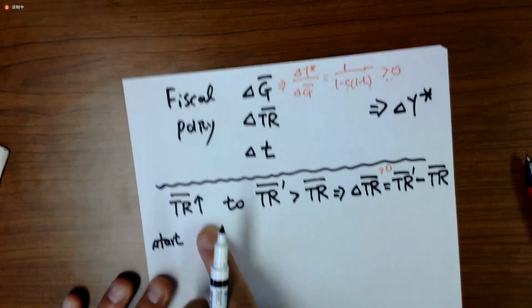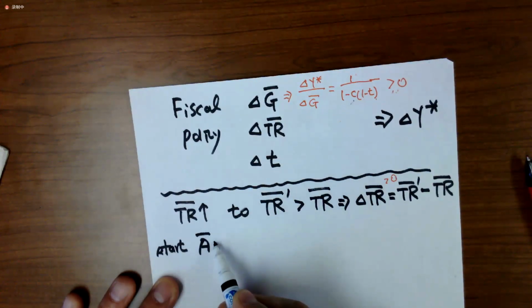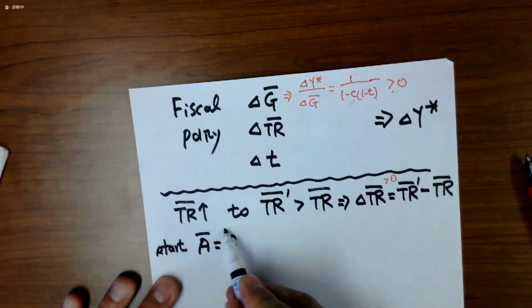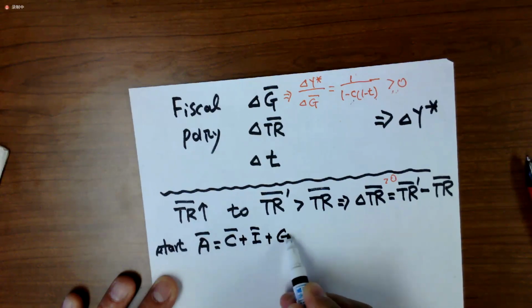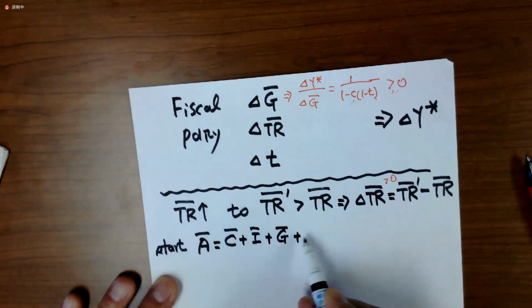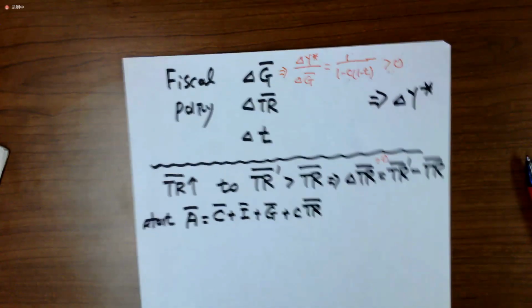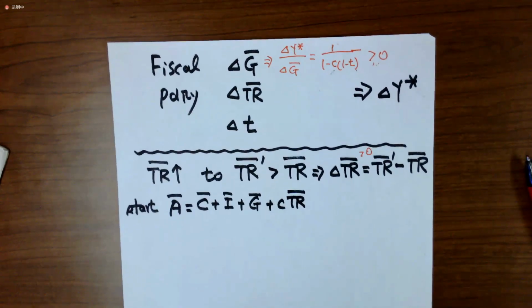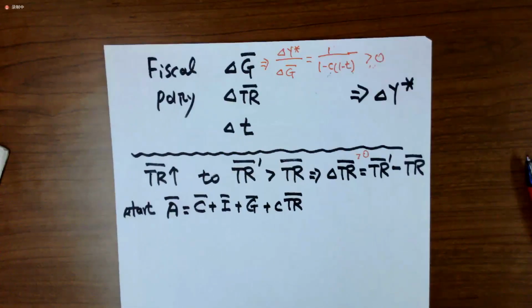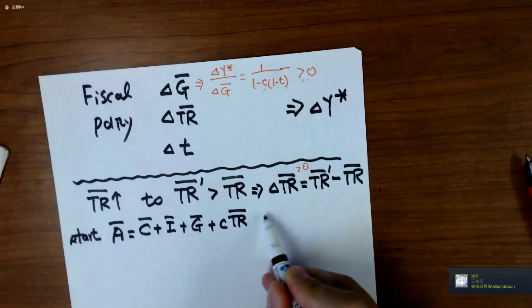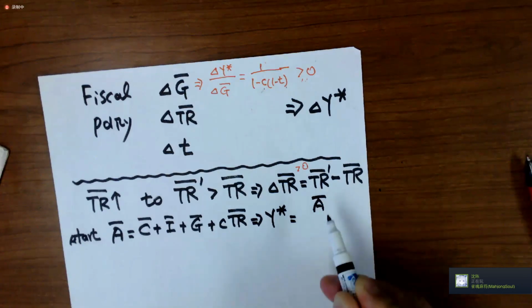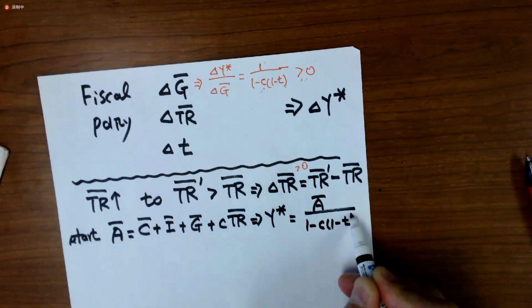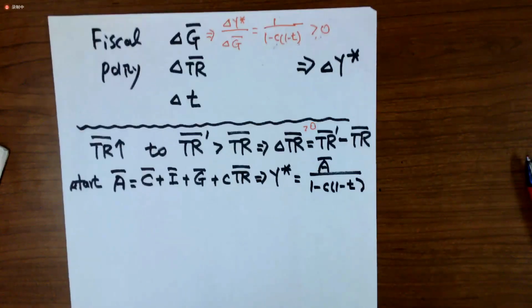So you start with A bar equal to C bar plus I bar plus G bar plus C TR bar. Agree? And then in this case, we get Y star equal to A bar divided by 1 minus C, 1 minus T. Okay? So this is where we begin.